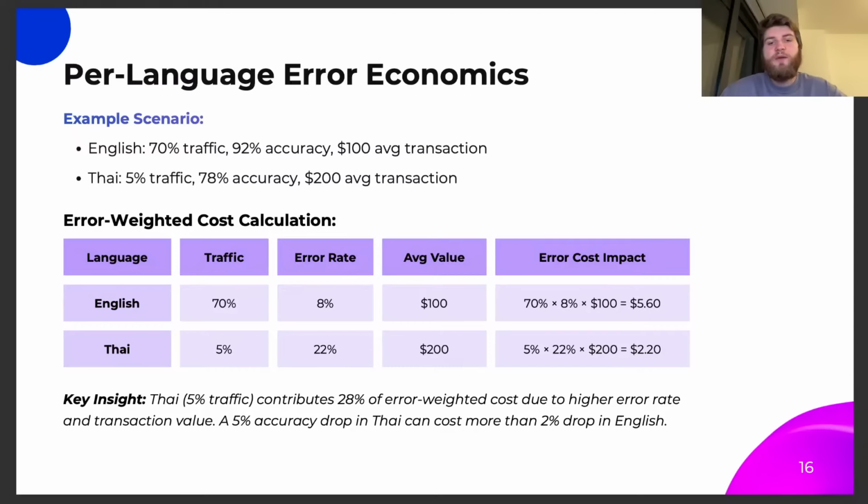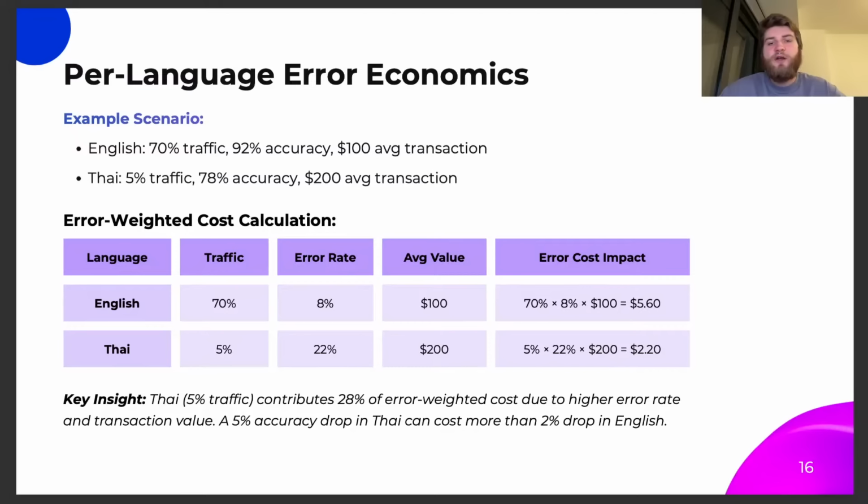And if you optimize in a way that drops English accuracy by 1% and Thai accuracy by 5%, for English, 1% more errors on 70% of traffic is 0.7% more errors overall, each costing roughly $100.